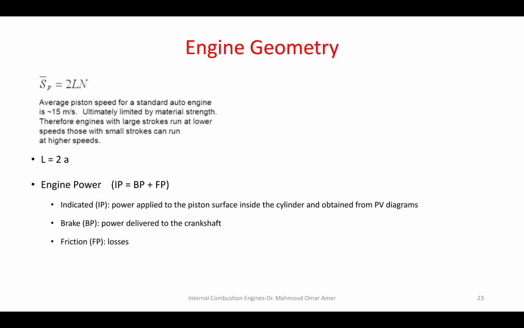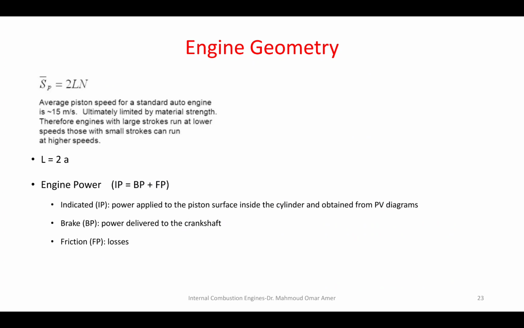We also, as an engine geometry, would like to calculate Sp, which is the average piston linear speed. Is the piston speed constant? No. At the bottom dead center and the top dead center, the piston linear speed is what? Let's take it, the piston is going up. The linear speed of the piston is high.